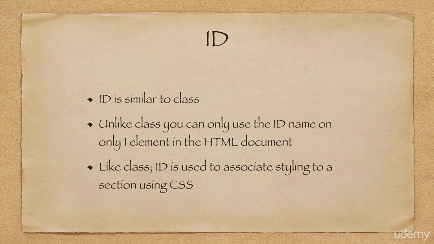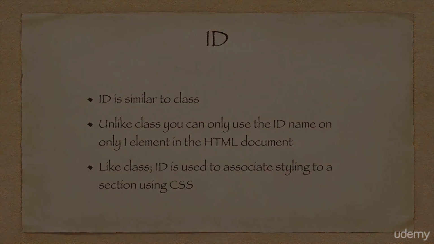But as I say, we can only use it once within the HTML document. That's the big difference between ID and class. Class you can have multiple items, multiple tags. ID it's only one. But like class, ID is then used to associate styling to the section using CSS.